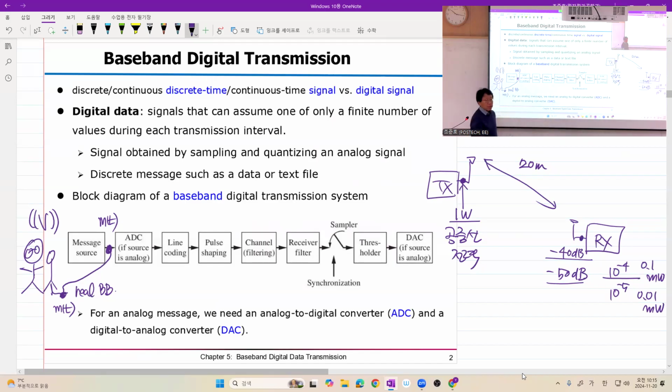That aperture size is not that large, which means that, as you know, if you have a point source of wave, its power density reduces inversely proportional to distance, and you have a very small aperture. That's why this happens.